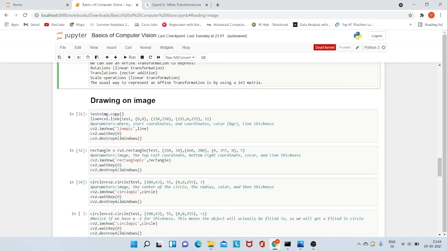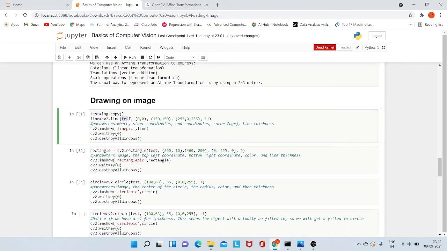Now cv2.line and test is the image, and these are the coordinates. So this is the starting coordinate, this is the ending coordinate, and this is the color of the line. Note that it is in BGR format. So here B is 255, G is 0, and R is 255. All these channels have values from 0 to 255.